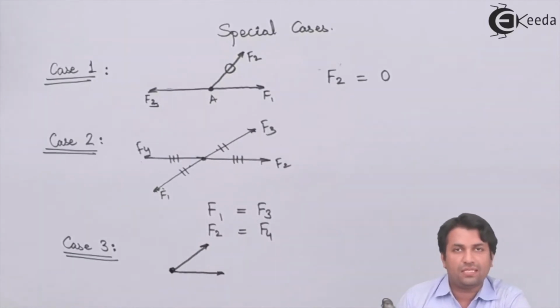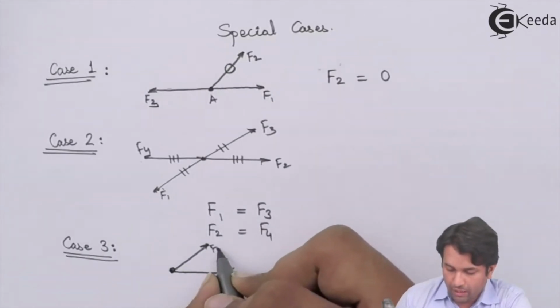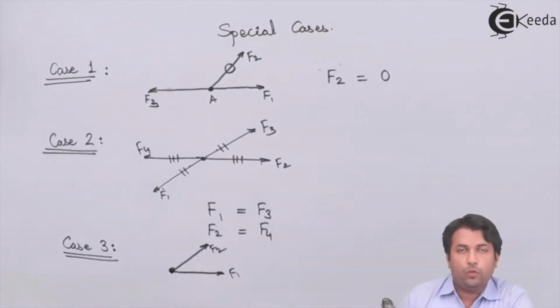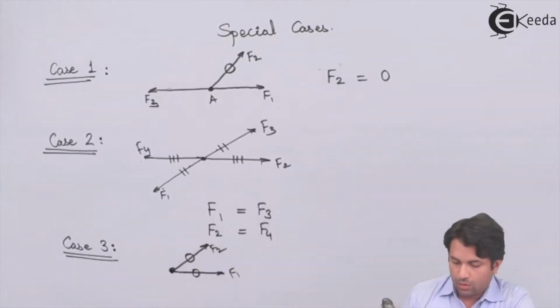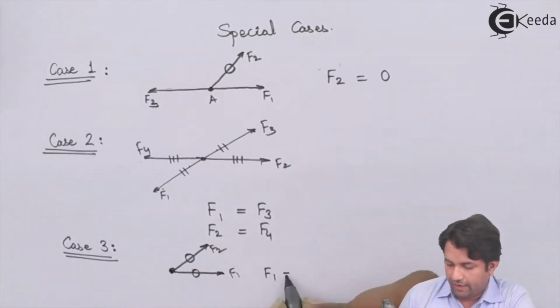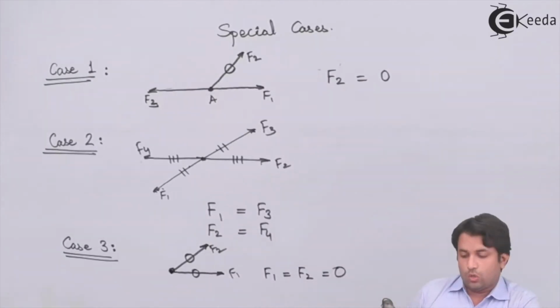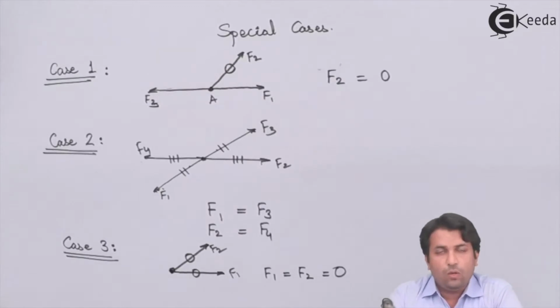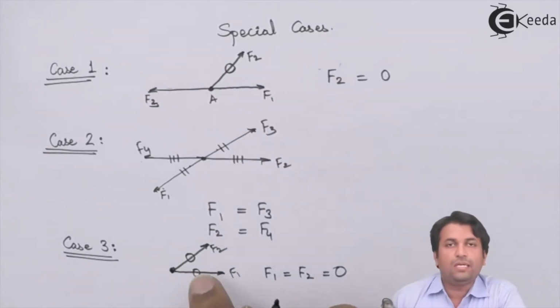So what happens in this case? In this case, the force in each member over here, F1 and F2, becomes 0. So F1 equal to F2 is 0. So we can say that without calculation, the force in members F1 and F2 is 0.